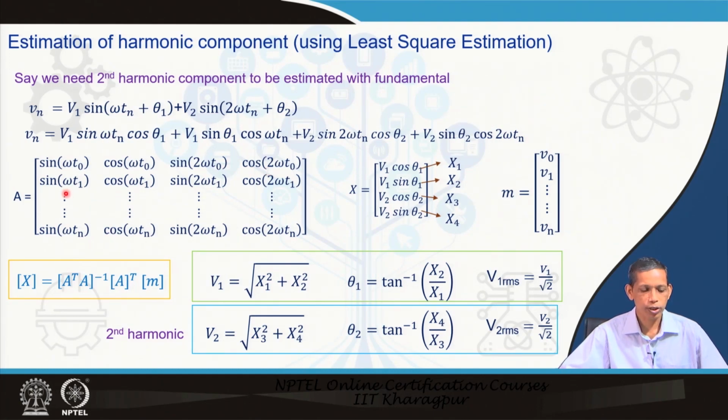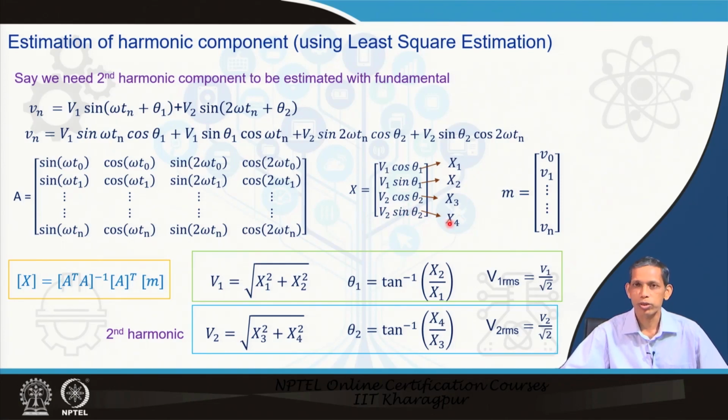Therefore, the unknowns become 4, so we will have a 4 cross something A matrix. These results, in terms of n number of measurements, you can put the corresponding matrix in terms of this. So, x becomes the 4 unknowns: V1 cos theta1 and V1 sin theta1 for the fundamental, and V2 cos theta2 and V2 sin theta2 for this.